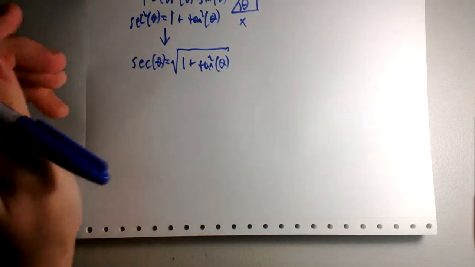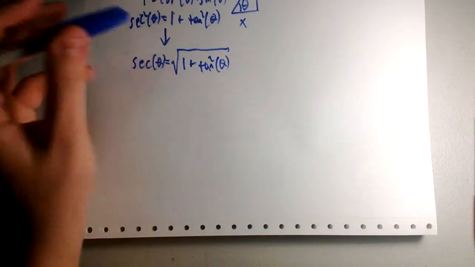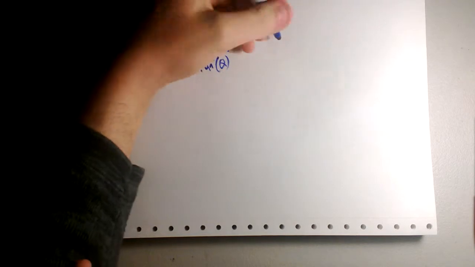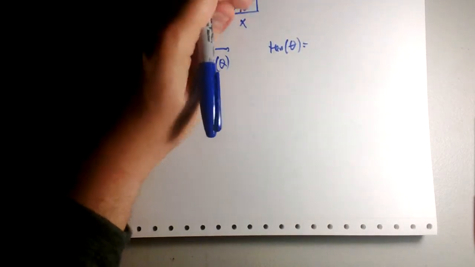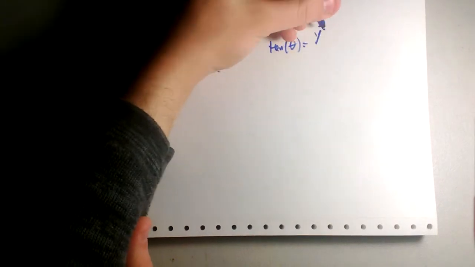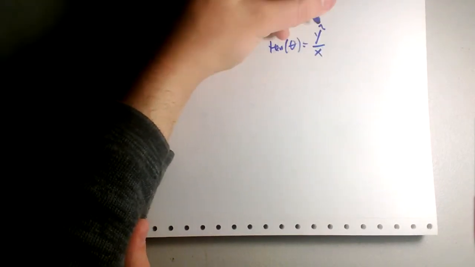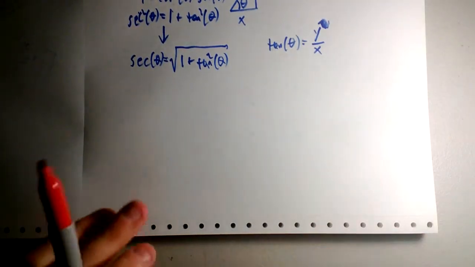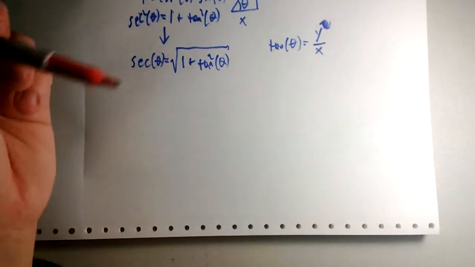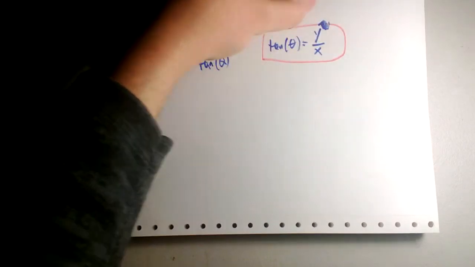Cool. Now, what's great about that? Tangent is a relationship. Tangent of theta, in this case, is equal to y over x. Ignore the squaring, that was jumping the gun here. So you see that? y over x. So that's one fact.